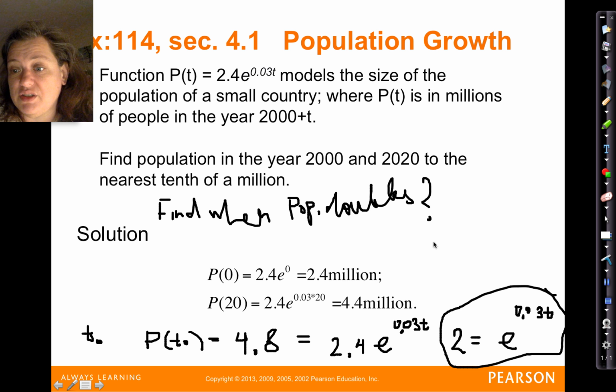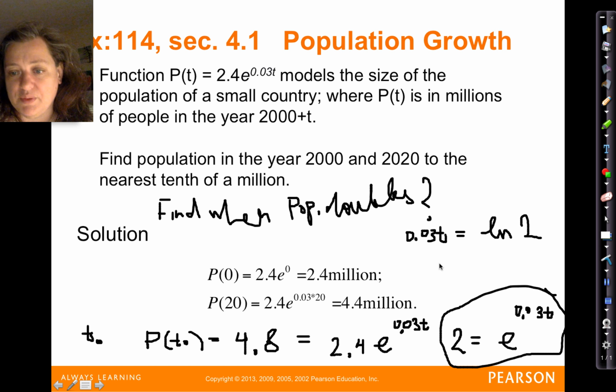Okay, so now how do I solve this? Well, I can take just the natural log of both sides. I am going to have 0.03t equal to the natural log of 2.